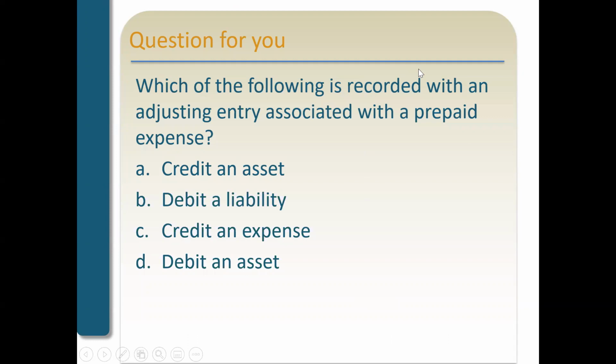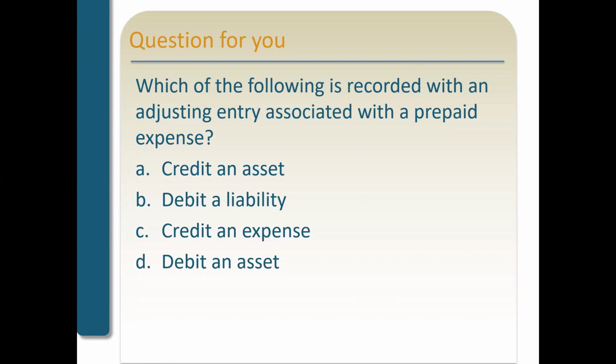Which of the following is recorded when an adjusting entry is associated with a prepaid expense? You credit an asset.